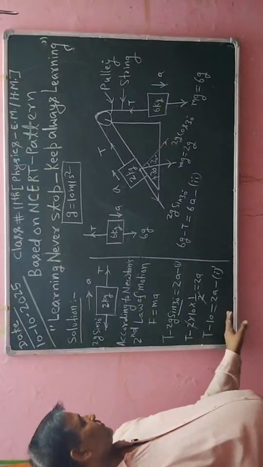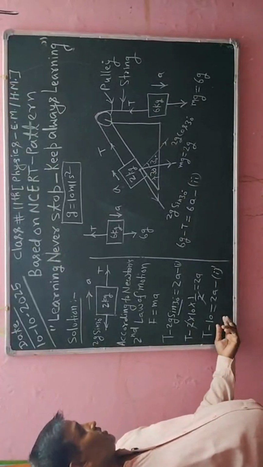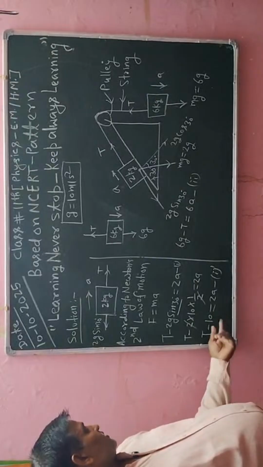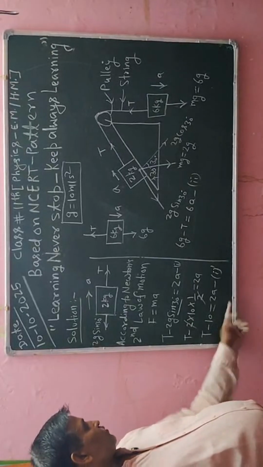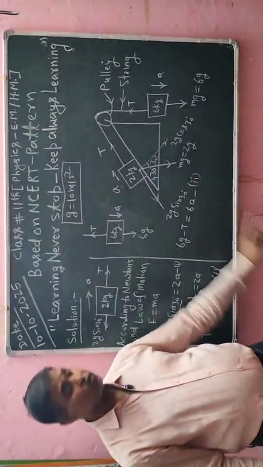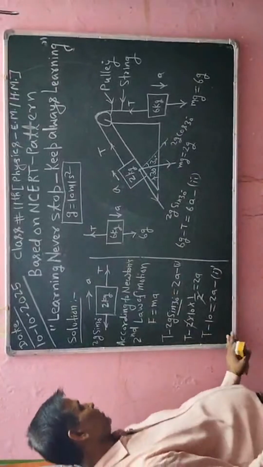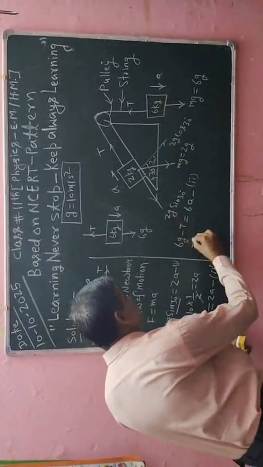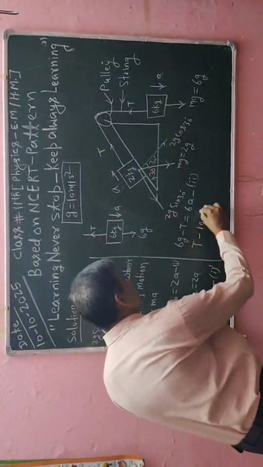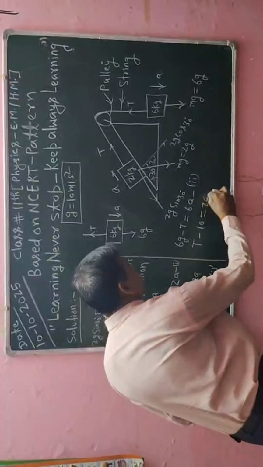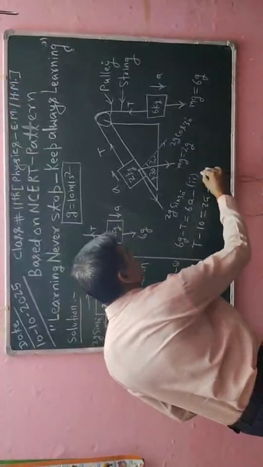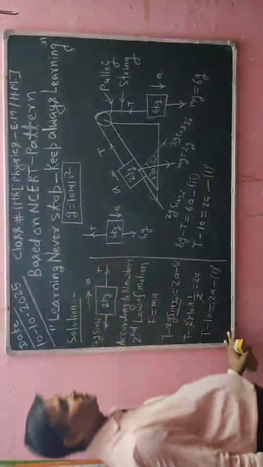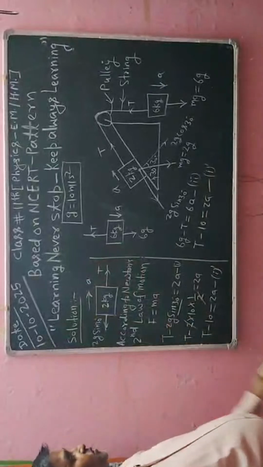Okay, so I will solve equation number 1 dash and also equation number 2 for getting the value of a and also the value of T. Equation number 1 dash is T minus 10, which is equal to 2a. It is obtained after simplification of equation number 1.